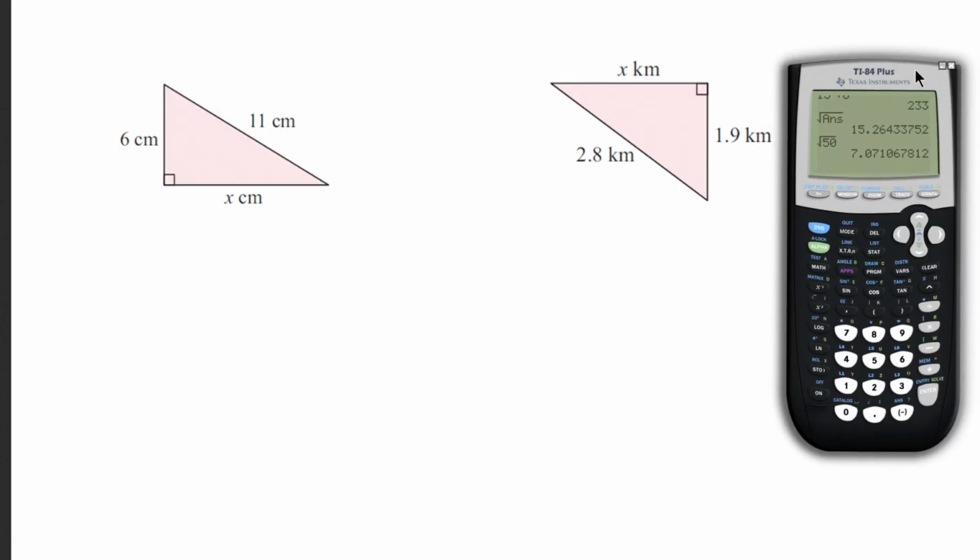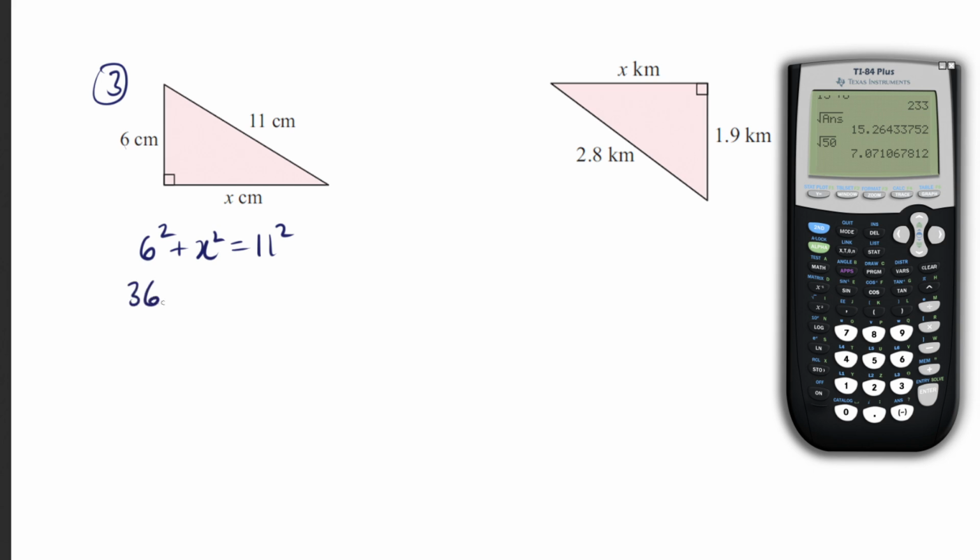Okay, in these questions, it's slightly different because this time we are not finding the longest side, we are finding one of the shorter sides. So when I write out my equation this time, I'm going to have 6 squared plus x squared equals 11 squared.